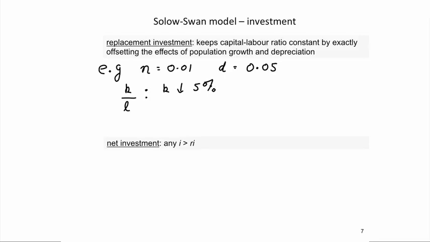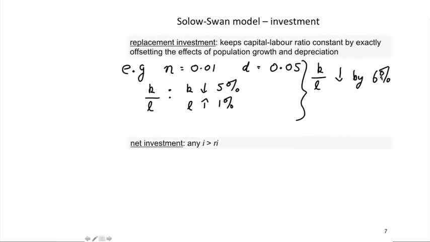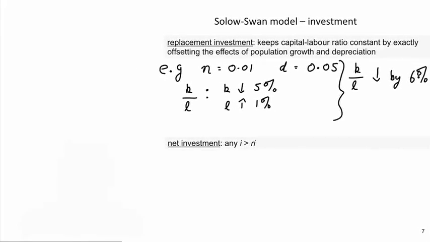And over this particular time period, population growth implies that labour will increase by 1%. The combined effect of these two forces, depreciation and population growth, will be that over this time period we would expect that the capital-labour ratio will fall by 6%.